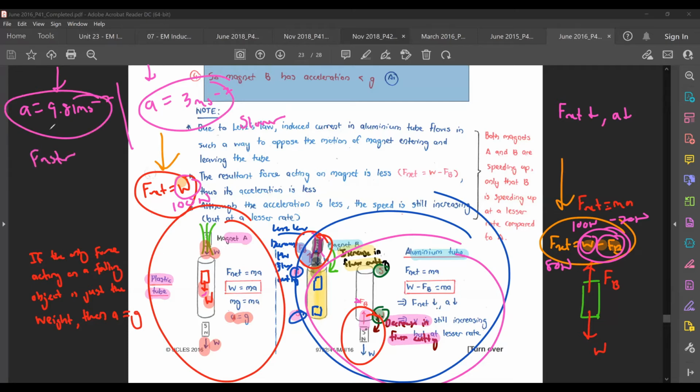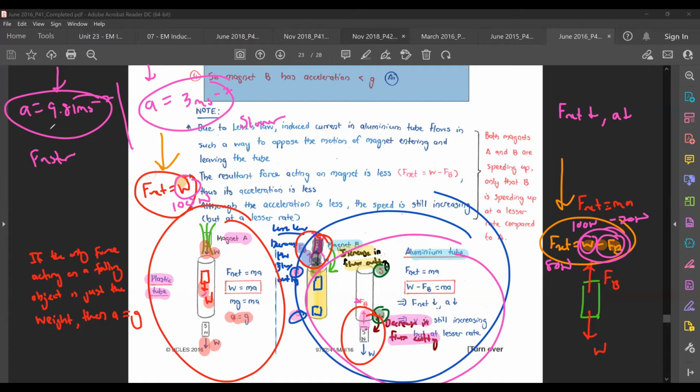So if you have something that's moving slower, do you think it would take a longer time to fall or shorter time to fall? I think it will take a longer time to fall. Yes. So if the thing is moving slower in the first place because the acceleration is smaller, it will take a longer time to fall.